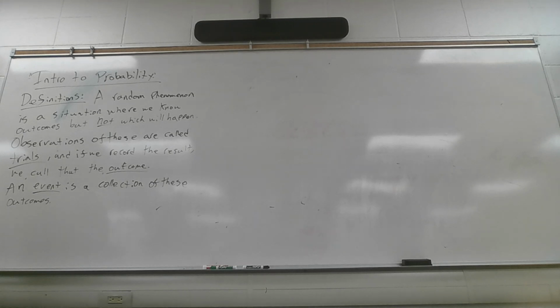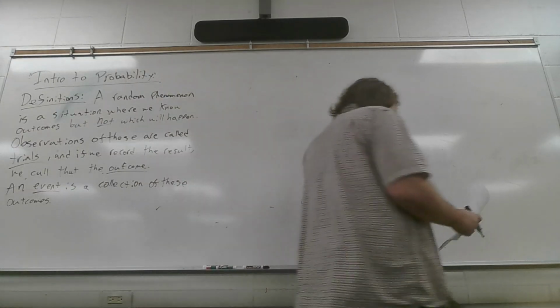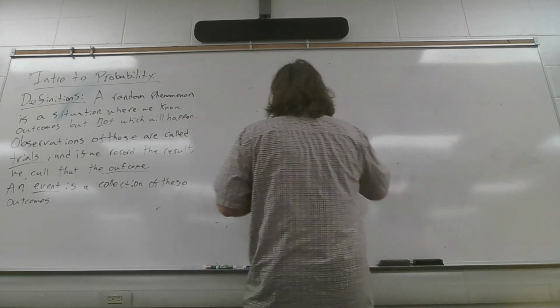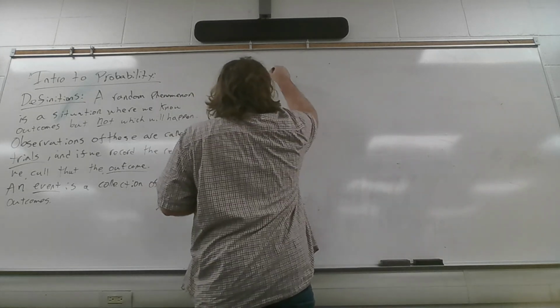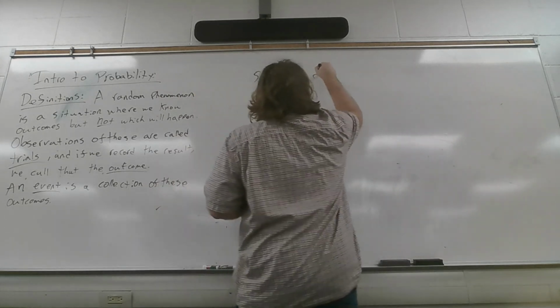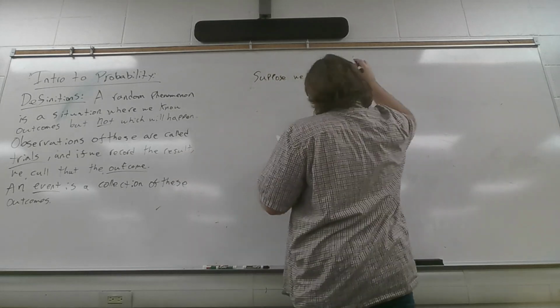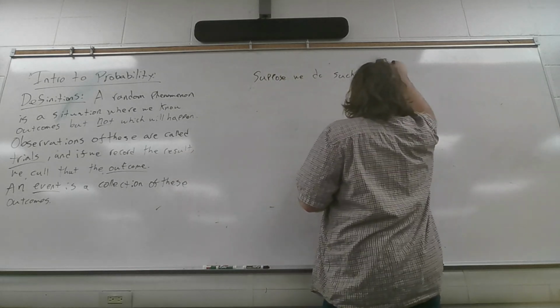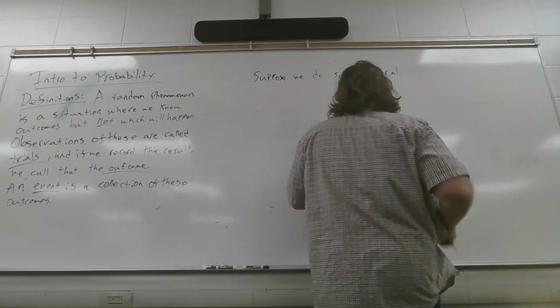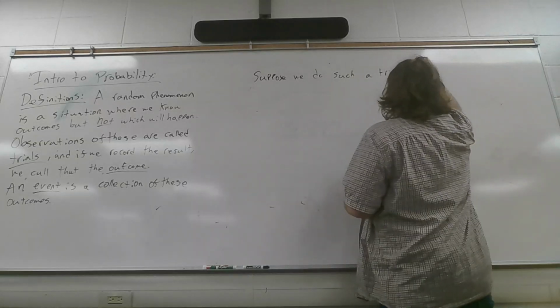And we're saying a collection of these outcomes, which should tell you what we're talking about. We're talking about sets. These events are just sets. So suppose we do such a trial. So there are n possible outcomes.